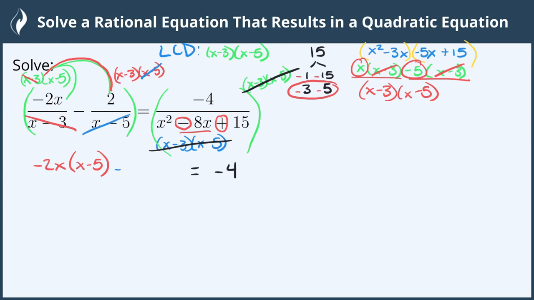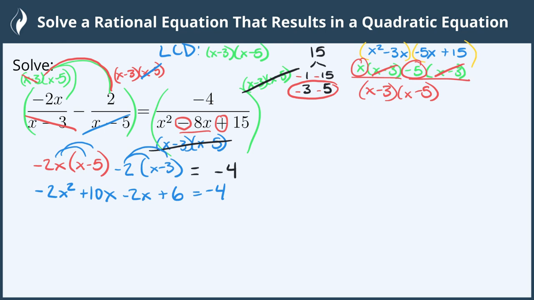And so we have minus 2 times x minus 3. Now we can go ahead and do the distributive property with these, giving us negative 2x squared plus 10x minus 2x plus 6 equals negative 4.